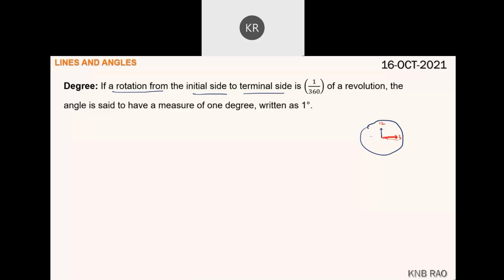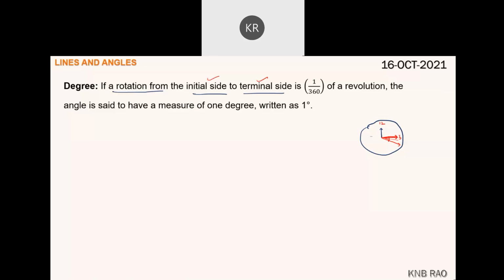After a minute, after an hour, it goes here. So, initial side to the terminal side. The minute's hand is rotating, and that minute's hand is making an angle with itself.